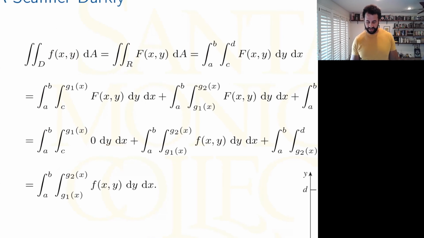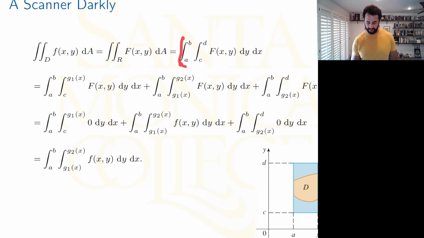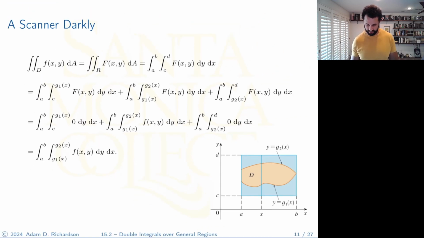All right, now what we're going to do is break up this integral into three separate integrals using a property of integrals called finite additivity. You've seen this before in Calc 1 when you had to integrate an absolute value function and break it up into multiple integrals. It's the same thing here. I'm going to show you on the picture now.